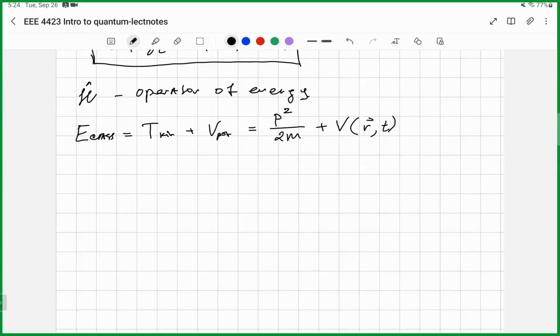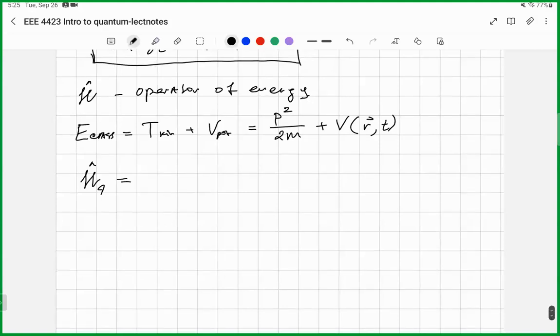In quantum mechanics, this energy is promoted to the operator H. What we do is simply replace the momentum by its operator, so it's the operator P squared over 2m, plus V, where V is a function of r, and in the coordinate representation the operator V is given by the function itself.